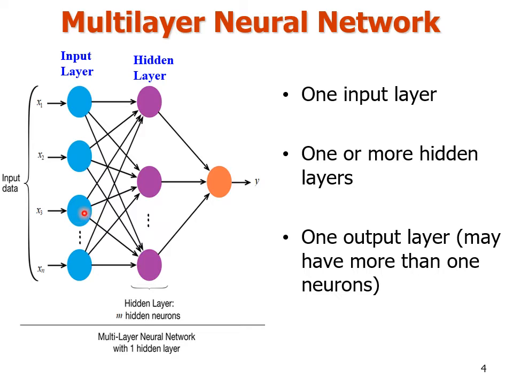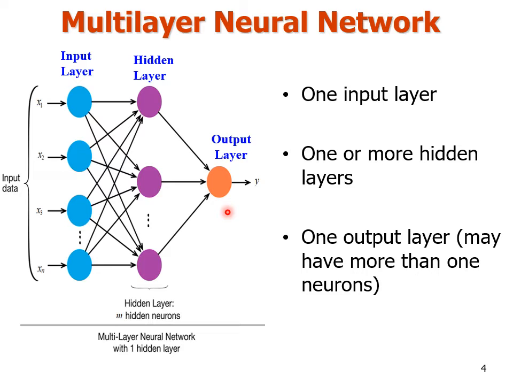Associated with these connections we are having the weights. So, the weighted inputs are being sent to the hidden layer neurons. Further, these hidden layers are connected to one or more hidden layers, and ultimately the last hidden layer is connected to the output layer. Output layer may have more than one neuron as well.